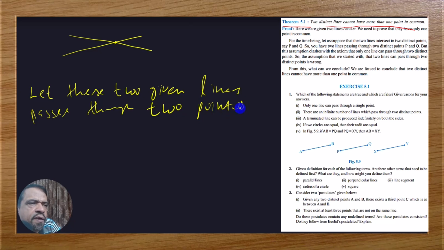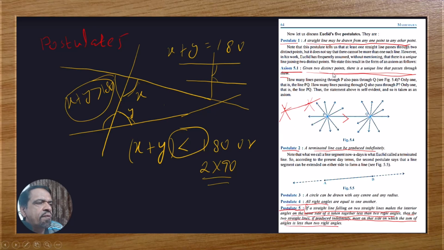Okay, in this kind of question use the contradiction method. जो हम बोलेंगे वही गलत साबित कर देंगे. पहले हमने ये गलत assume किया. Let these two given lines intersect at 2 points. Now according to axiom 5.1, see the 5.1 axiom, given two distinct points there is a unique line. दो distinct points से एक ही line निकल सकती है.